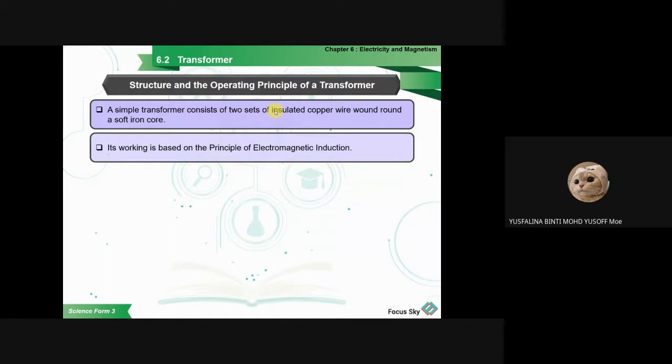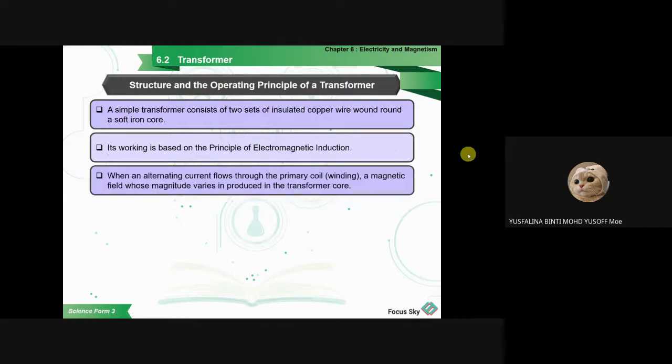The principle of electromagnetic induction means you produce the induced current by cutting the magnetic field lines. We use that principle in the transformer, where we cut the magnetic field to produce the current.